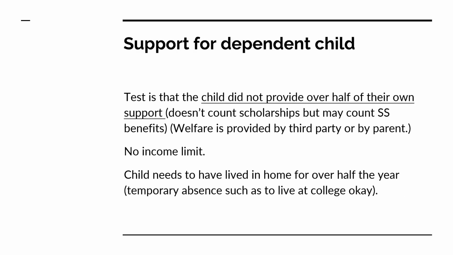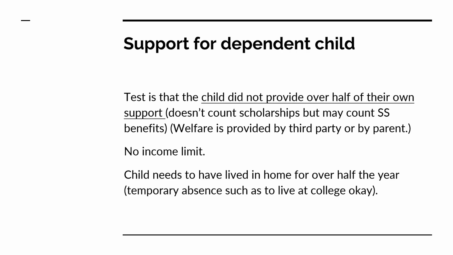So the test for support for a dependent child is that the child does not provide over half of their own support. This is different than the dependent that we'll talk about later. But in this case, as long as the child doesn't provide more than half of their own support, then they count as a child.